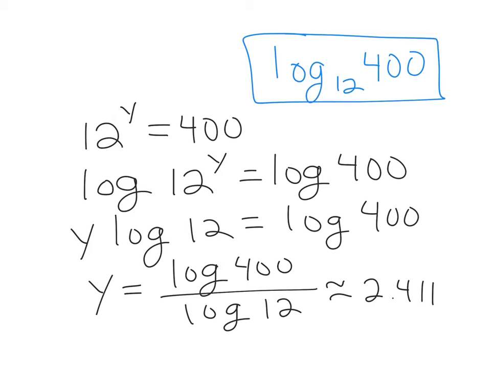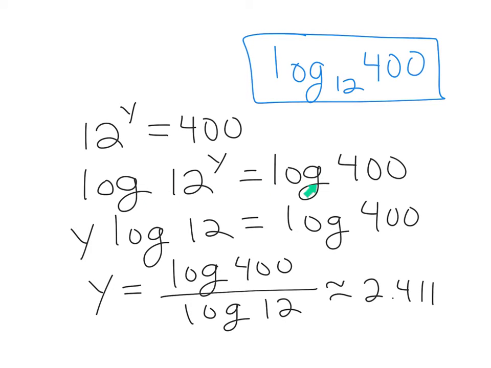Let's try that again. Take the other example, log base 12 of 400. That would mean 12 to what power gives us 400? Taking the log of both sides still produces an equal equation. And this log is any log of our choice. So why not make it the most common log, log base 10?